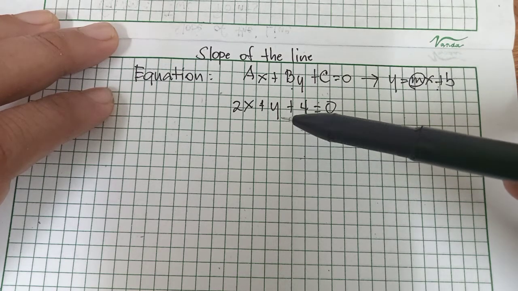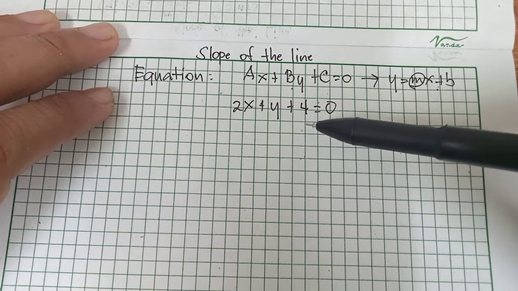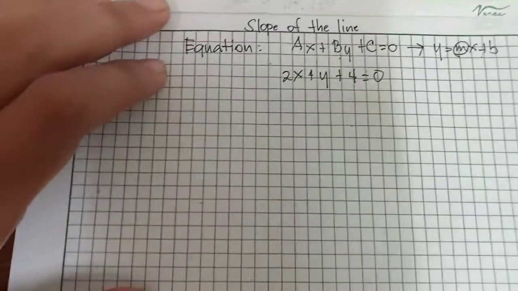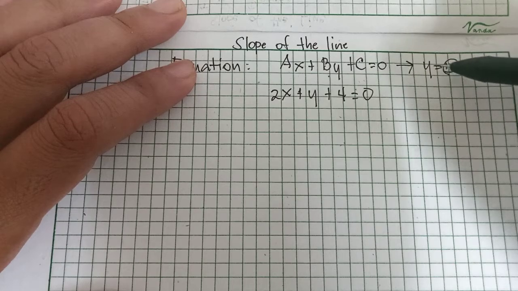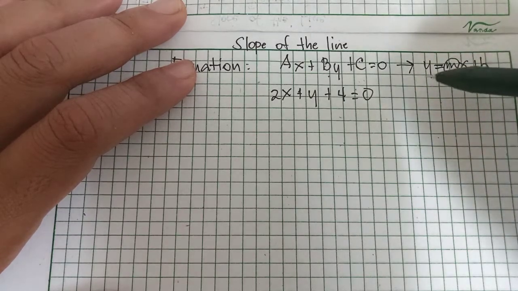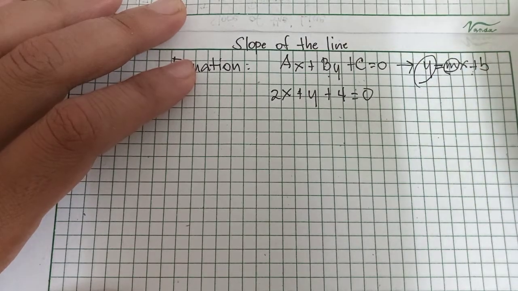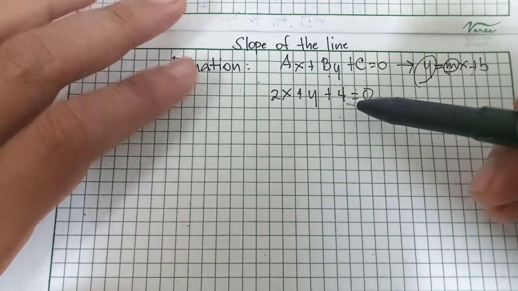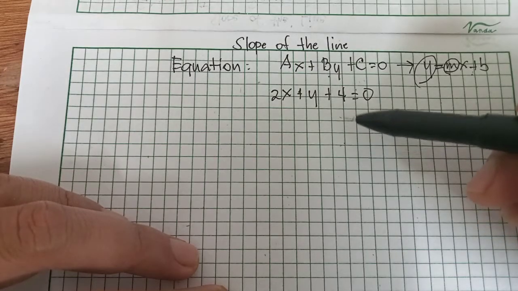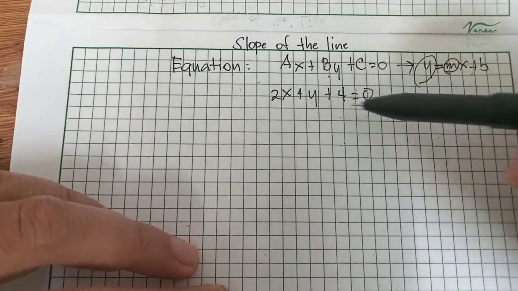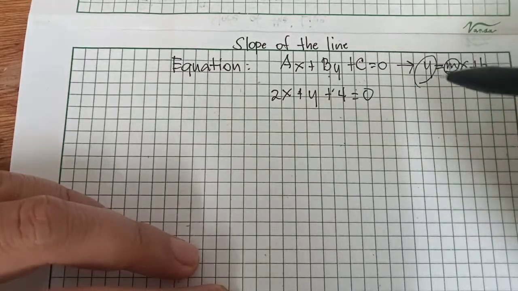So our equation now is 2x plus y plus 4 is equal to 0. How are we going to rewrite this one? We can observe here that on the left side of our equation is only y. So it means that we're going to isolate our y and write that alone on the left side of the equation, and the rest of the terms of our equation will be written on the right side.